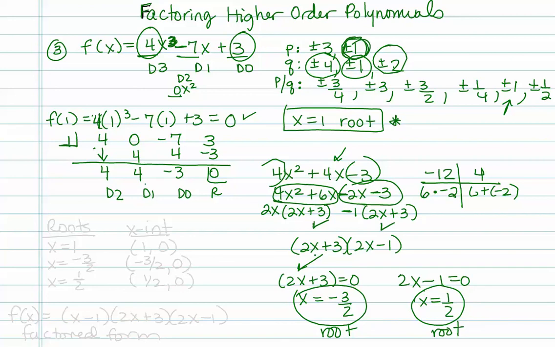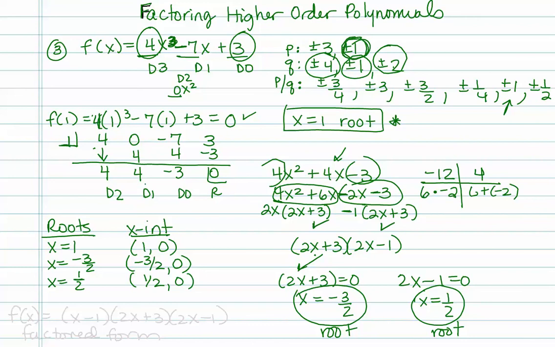Right, so if you collect the information, your roots are x equals 1, x equals minus 3/2, and x equals positive 1/2. That means your x-intercepts are going to be (1, 0), (minus 3/2, 0), (1/2, 0).